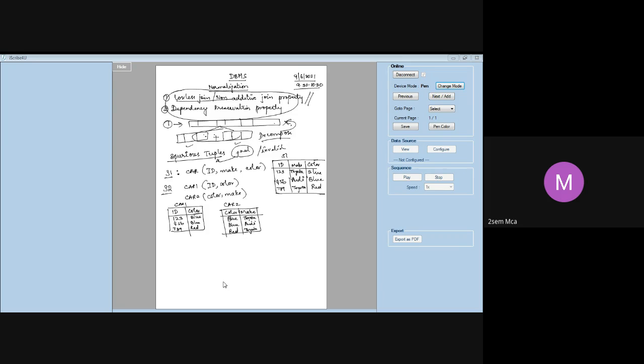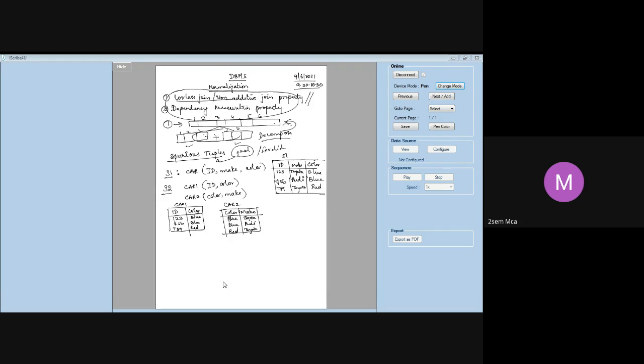So, whenever you are trying to check a table in a database for normalization, I told you already that you may have a particular table with all these attributes 1, 2, 3, 4, 5, 6. Now, this table may not get normalized in that particular form. So what I will do, I will try to split it or break it into two smaller tables. So this is one table where I have these attributes 1, 2, 3.